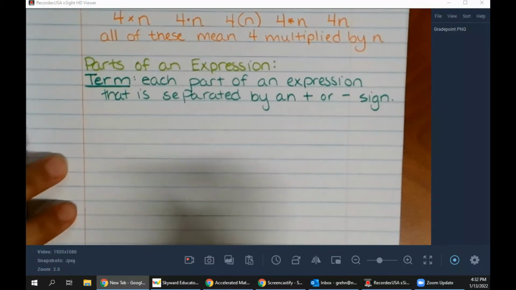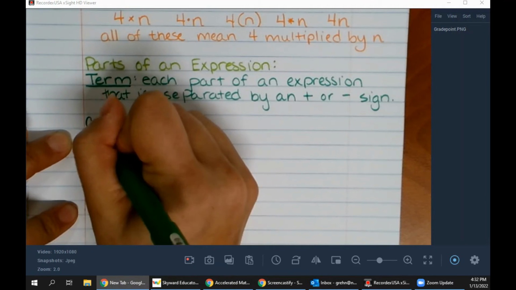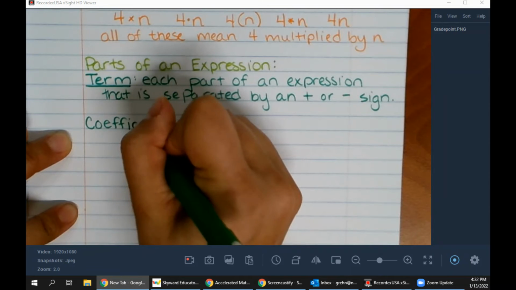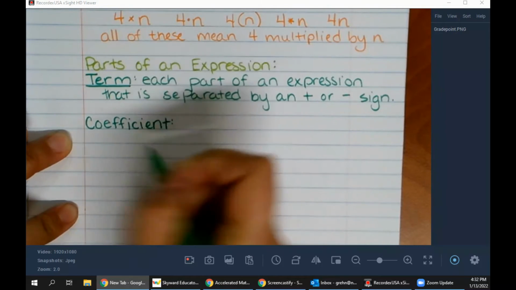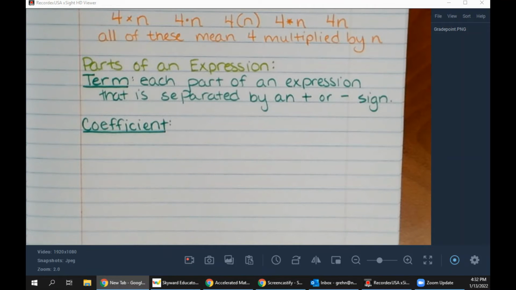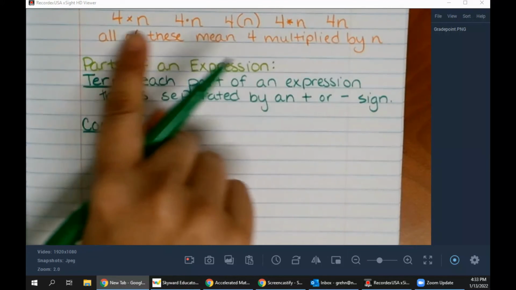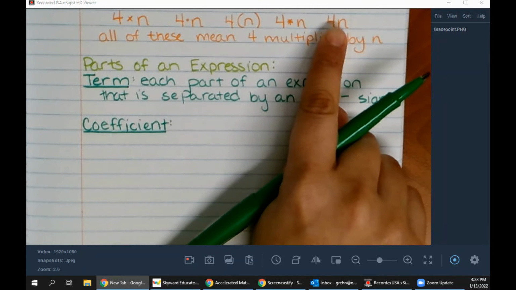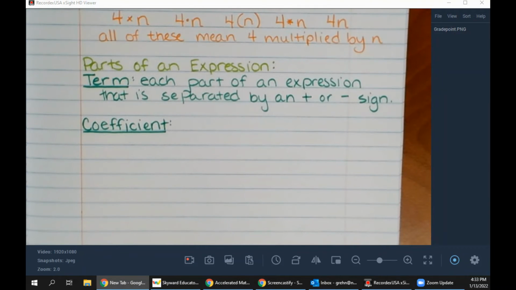The second part of an expression is called the coefficient. A coefficient is the number that is being multiplied by a variable. For example, in this one here where we wrote 4 times n, 4 would be considered a coefficient because it's being multiplied by a variable.